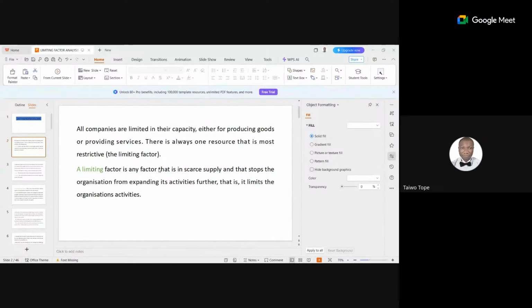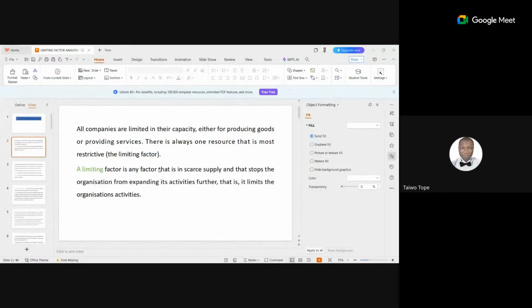So as I was saying, in limiting factor, the concept of contribution is key. And we have two steps of contribution. We have contribution per unit and contribution per limiting factor.